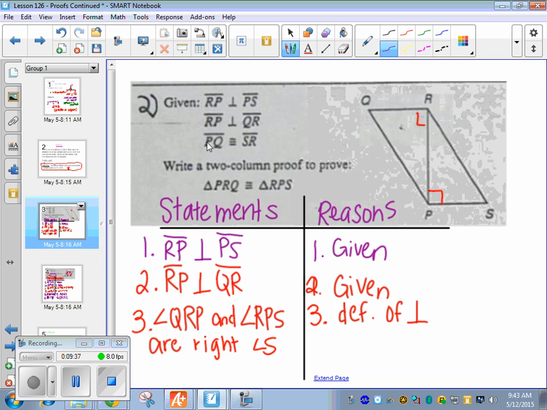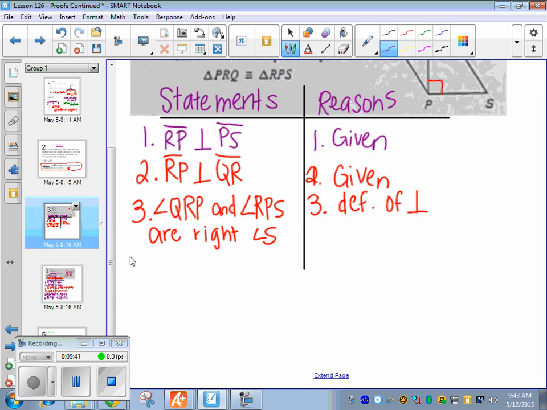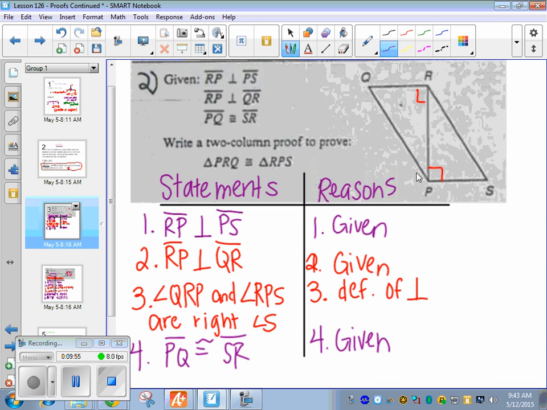All right, we have one more given. So let's put that in there. PQ is congruent to SR. And that's given. And let's mark it on our picture. PQ, SR.